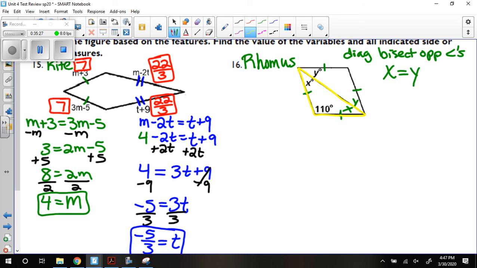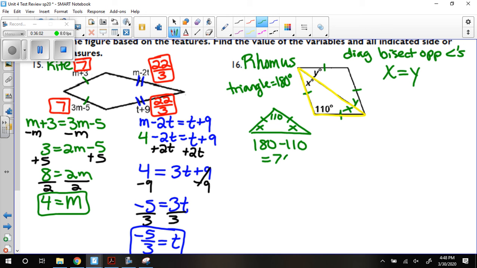Okay, so if I focus on this triangle, this is an isosceles triangle. So I'm going to draw a little picture here. I've got 110 up top, my congruent sides, and then I've got my congruent angles, which are both x's. If I do 180 minus 110, because there's 180 degrees in a triangle, right? Triangle equals 180 degrees. So 180 minus 110 gives me 70.